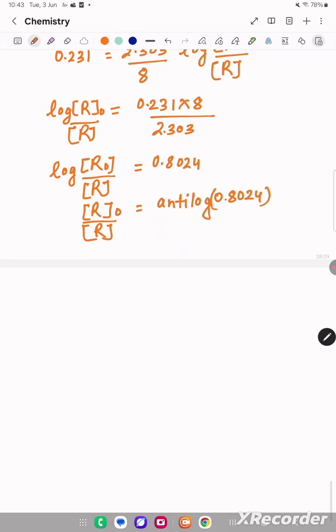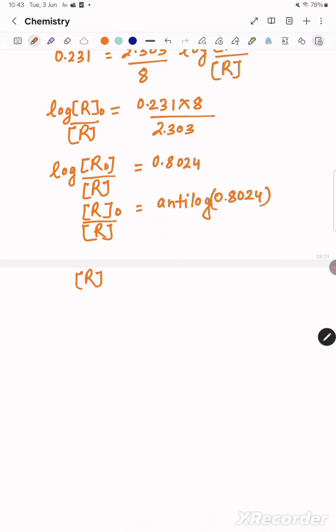Now next, R naught upon R is equal to antilog of 0.8024, we get 6.345. Now this is the initial upon final concentration at any time t.